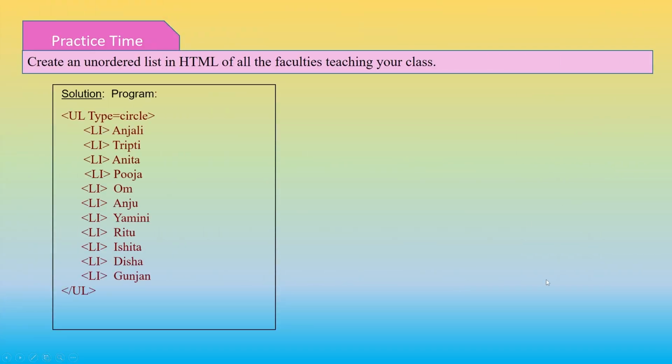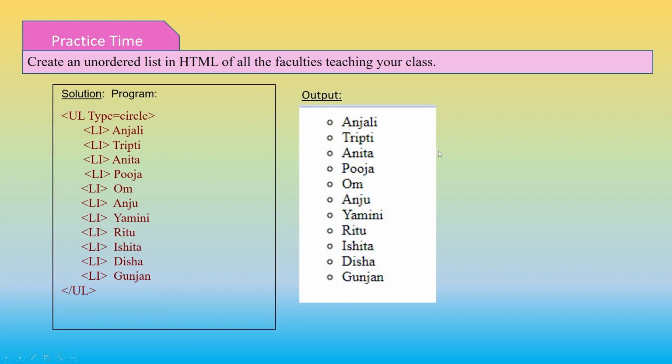There is one program, a practice time question on page 55 of your textbook, which says: create an unordered list in HTML of all the faculties teaching you. Faculties means here the teachers, those who teach you. So here are some teachers. I have just written the names of some of the teachers. You can write any names.